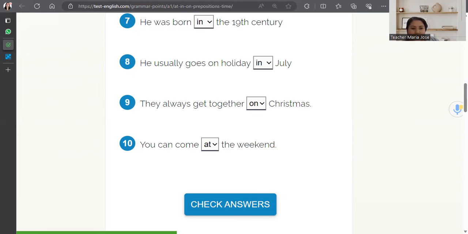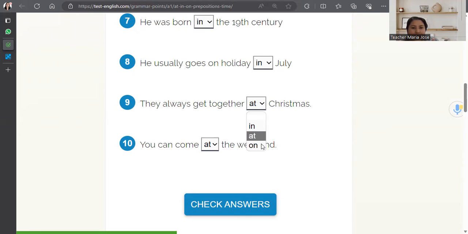So let's continue with more information in this case. Okay, in this case, it's not on because we don't have day, okay? So it is a specific celebration, but we don't have day.